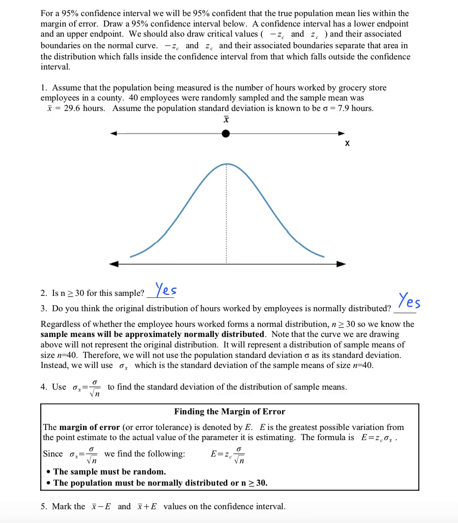Now the curve that we're going to draw here is not the original distribution. We're going to draw the distribution of sample means of size n equals 40. So we won't use the population standard deviation sigma as our standard deviation. Instead, we'll use sigma x bar. So let's go ahead and use the formula for sigma x bar to find out what the standard deviation should be for our sampling distribution. I'll do it on the side here.